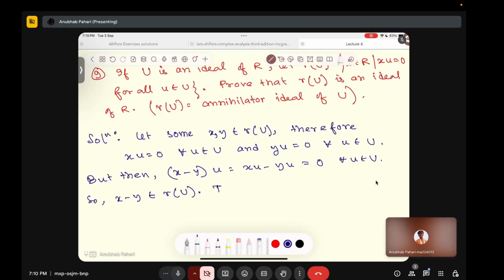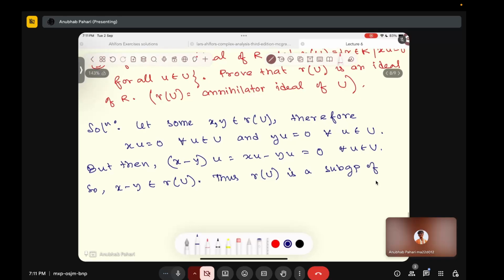Thus we have R of u is a subgroup of R under addition.